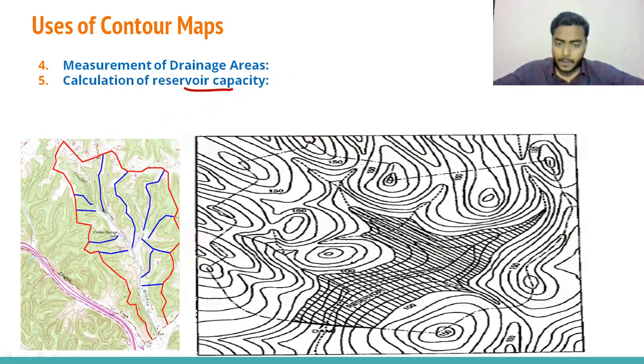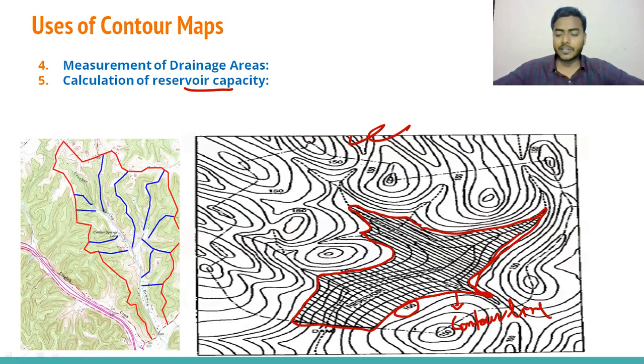Reservoir capacity. So in this figure, you can see the hatching portion, this line is of 100-meter elevation. So this is the contour line of 100-meter elevation.